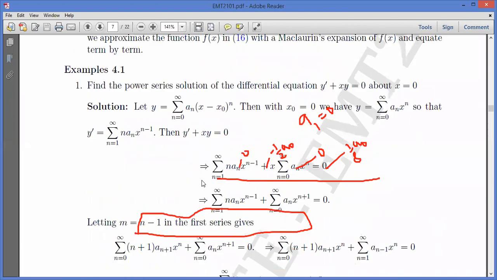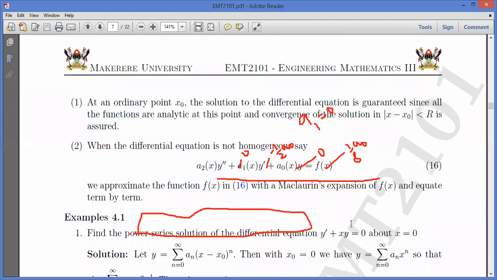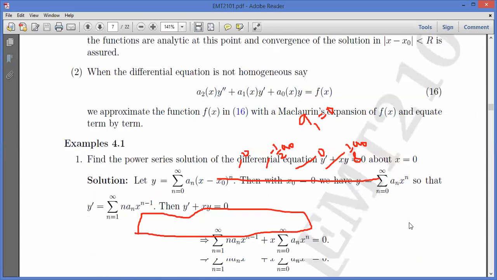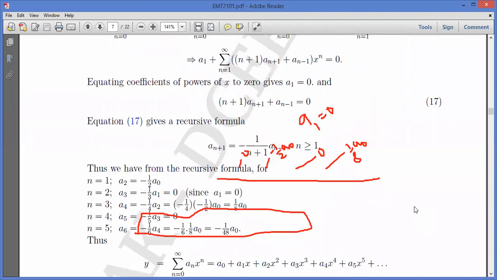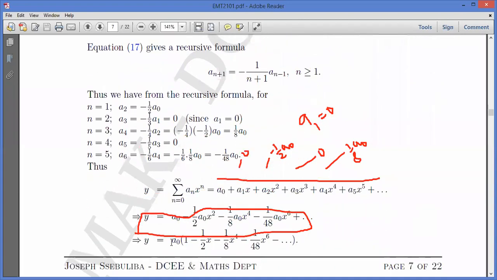Remember, if you have an initial value problem and you have some initial conditions, then you can actually establish the A naught, this one here. Because this one here is what we call the general solution. But if you have conditions and you can end up with the specific solution, the A naught becomes something else.